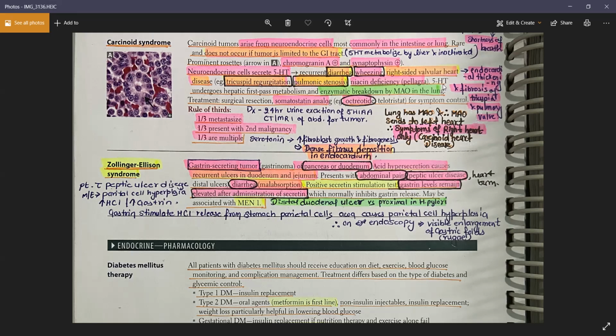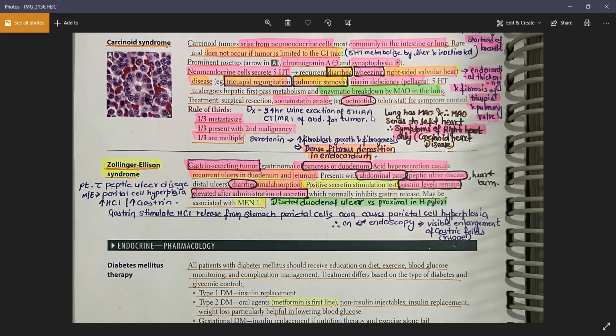As you know, your liver has the enzyme which can metabolize the serotonin, so it will release the metabolite which is the 5-HIAA. Remember this metabolite, very important. You will always measure the levels of this 5-HIAA to diagnose the patient for the carcinoid syndrome because this metabolite is made by the liver.